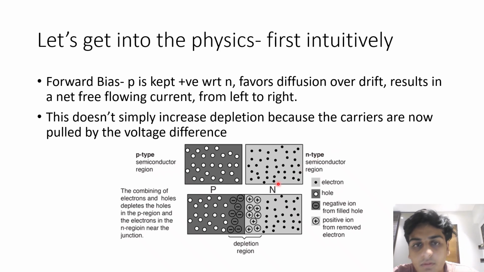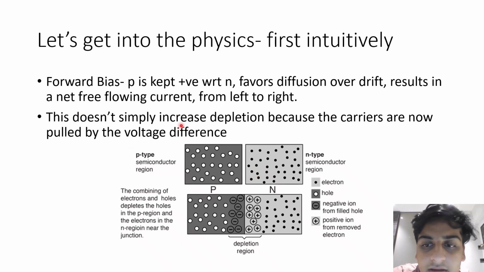Now, an objection to this might be that, okay, if you have more diffusion occur, wouldn't that just increase this depletion region and the opposing field and ultimately come to equilibrium again? The reason that doesn't occur is that when you didn't apply any bias and your holes diffused to the right and your electrons diffused to the left, you didn't have anything to replace them, right?